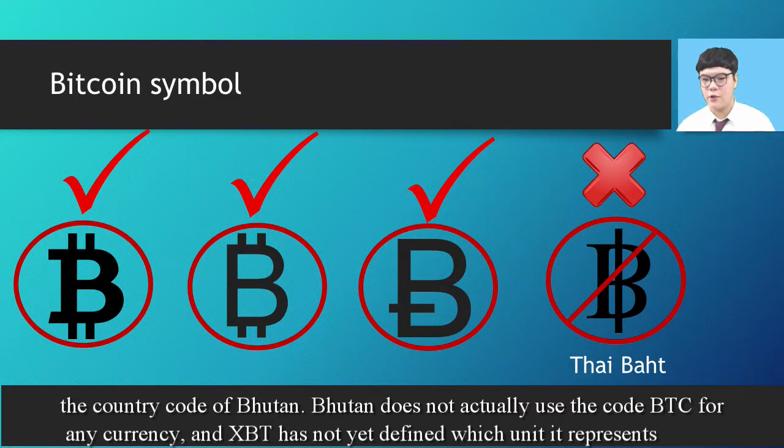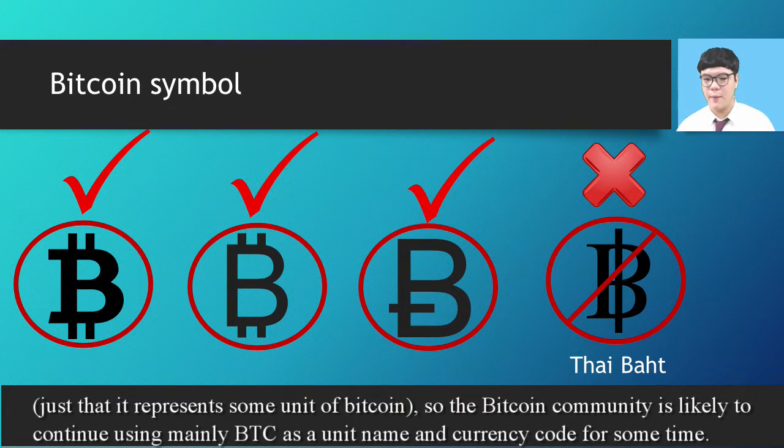Bhutan does not actually use the code BTC for any currency, and XBT has not yet defined which unit it represents, just that it represents some unit of Bitcoin. So the Bitcoin community is likely to continue using mainly BTC as a unit name and currency code for some time.